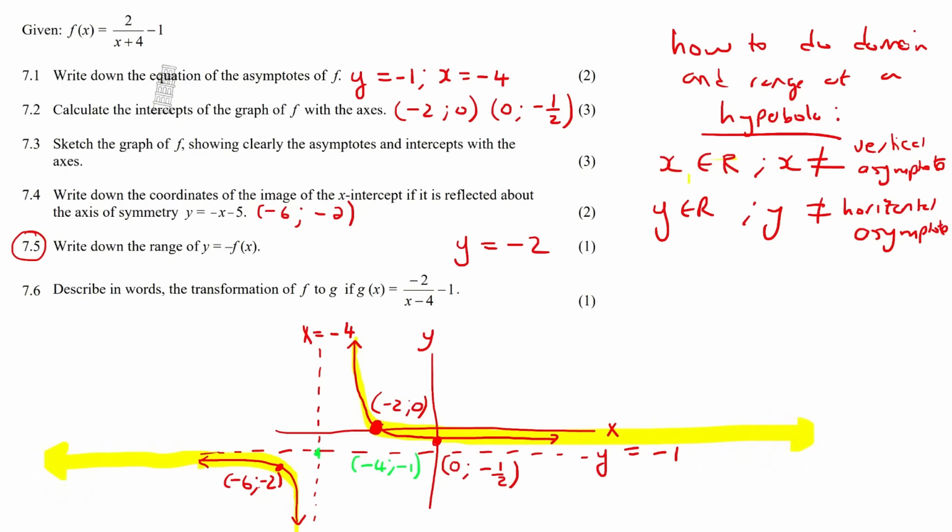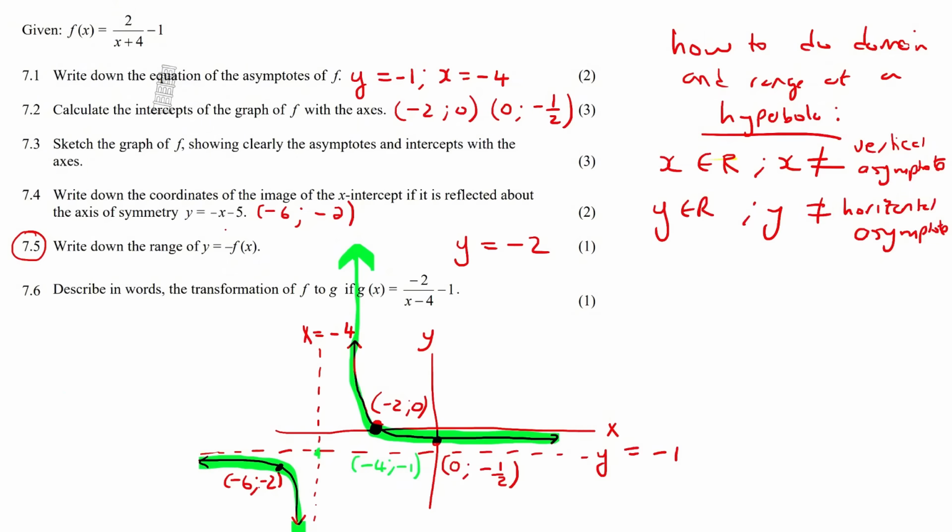And then for range, you can see that the graph can go as far down as it likes, and it can go as high up as it needs to, but the only place where we don't see green is across this dotted line. So that's why for the range of a hyperbola, it can be all the real numbers, but it just can't be the horizontal asymptote.